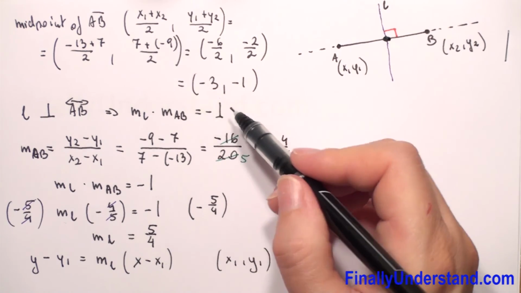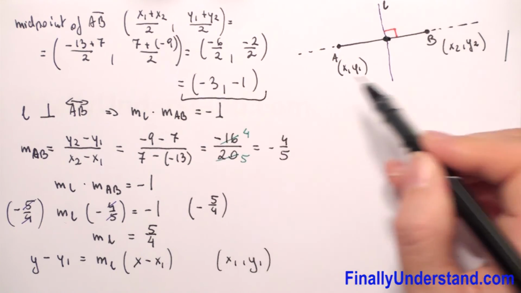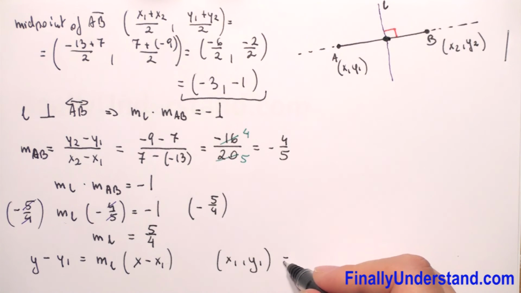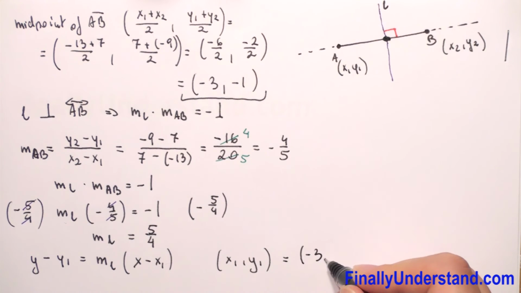We calculated the coordinates of this point. So this is negative 3, negative 1.